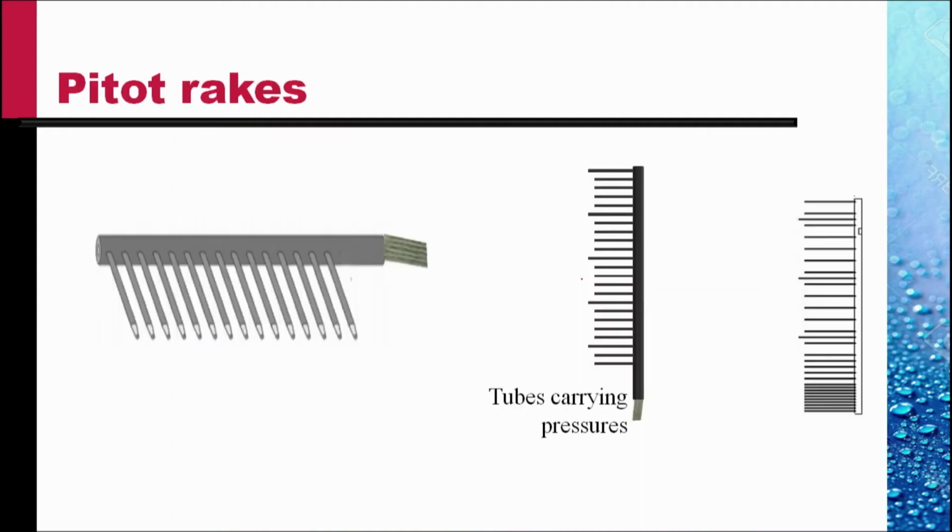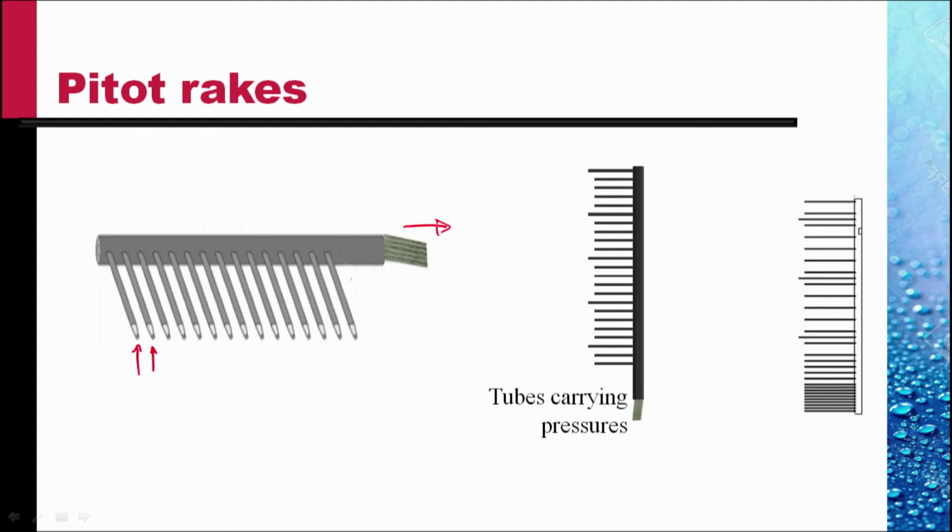A pitot rake consists of a number of pitot tubes attached with a supporting structure. Each of these pitot tubes is connected to a flexible tube right here.